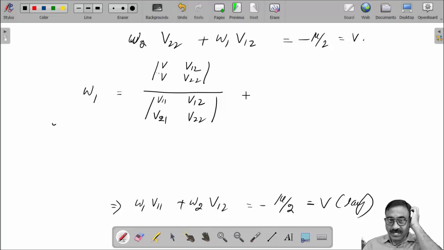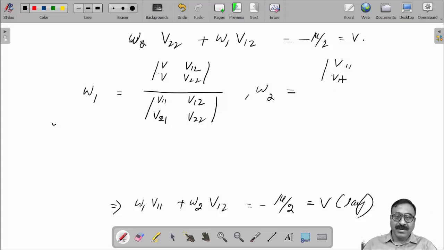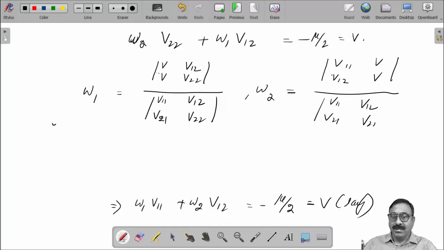This is by the determinant rule. And W2 equal to, this is V11, V12, this will be V, divided by the determinant of V11, V12, V21, V22.